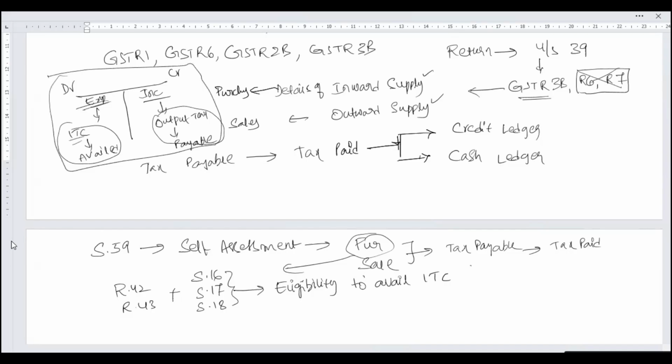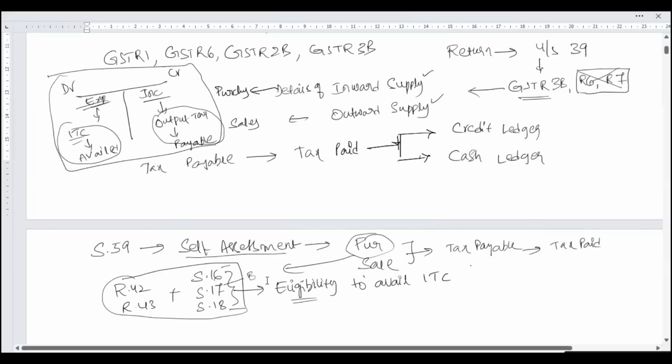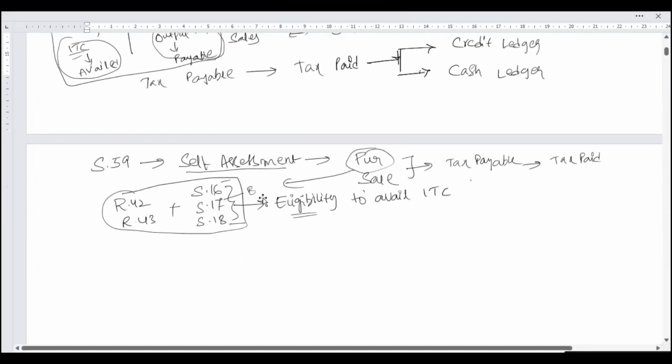On that, what input tax credit you are taking? When you're taking input tax credit, have you read Section 16, where you talk about eligibility? You talk about Section 17, which talks about block credit. Section 18, certain circumstances under which I either take the credit or I reverse the credit. So all these provisions we need to understand to say how much input tax credit I'm eligible for. So when I'm doing my own assessment, this is called self-assessment. This is what the law is expecting us to do with respect to filing of returns, self-assessment.